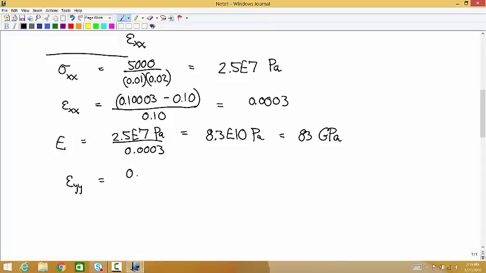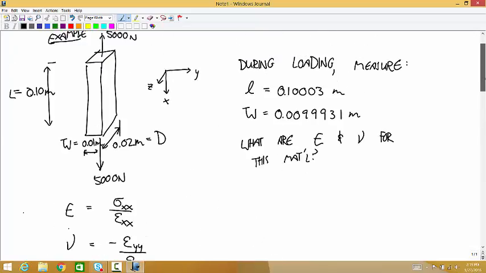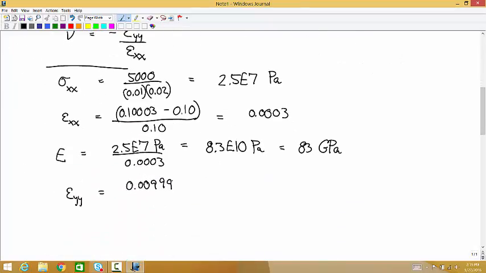So we have 0.00999, three nines and then a 1, minus 0.01, divided by 0.01. And what do you get for that? -0.00069. And that's unitless.